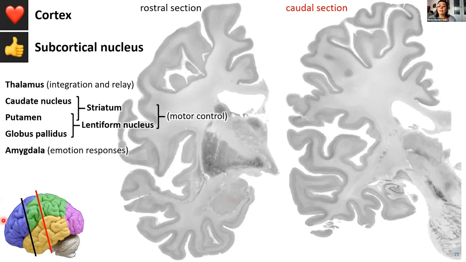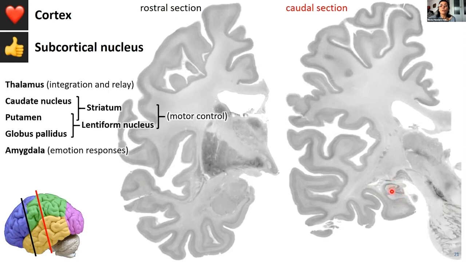Okay, and it is also a collection of nuclei, just the same as the thalamus is, and it plays a really important role in the control of emotion. So for example, fear.